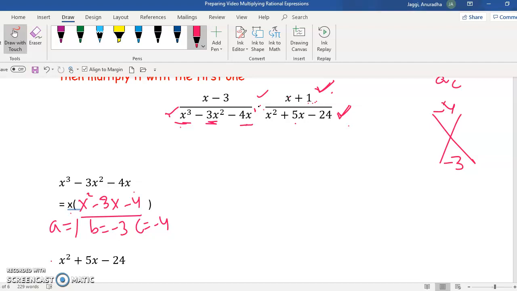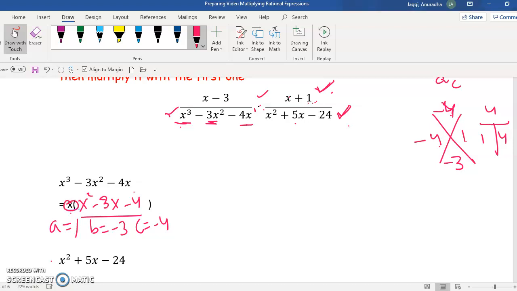So the two numbers that make -4 and -3, if you do your factors 1 and 4, you will see that -4 and positive 1 multiply up to -4 and they add up to -3. So I can split this middle term.